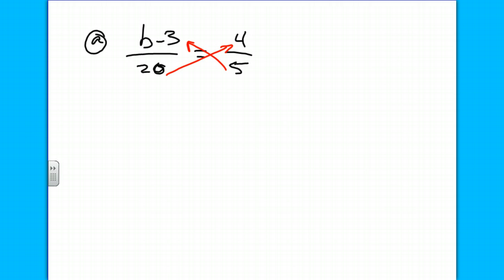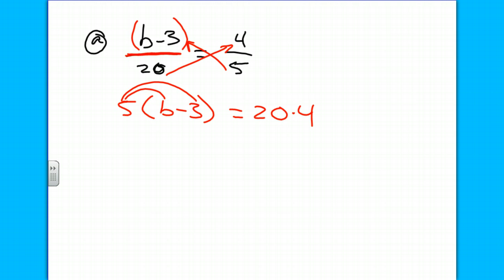But remember, a fraction bar like this is a grouping symbol. Okay? And you don't see those parentheses, but you need to add them in. Because when we bring that 5 up, we're multiplying it not just to B, but we're multiplying it to B and the negative 3. Yes, that is a negative 3, isn't it?